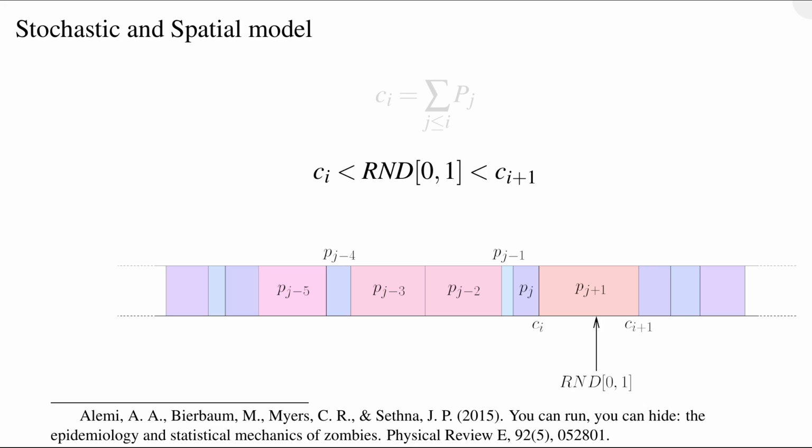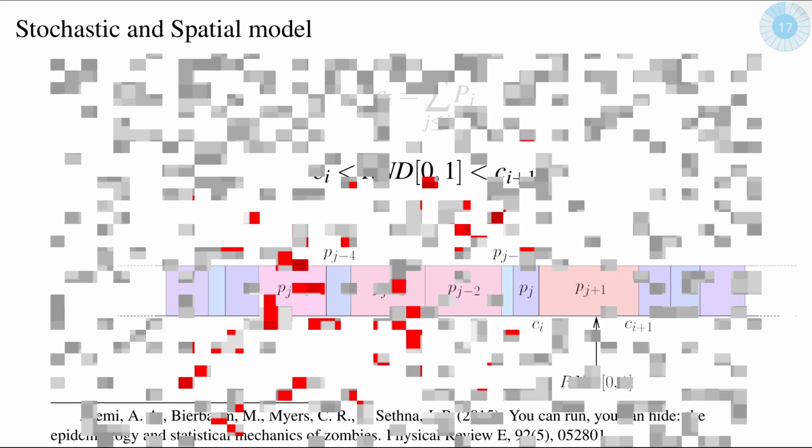Because each time you're adding up the probabilities, if you add a bigger probability, then you've got a greater chance of jumping over that random number. We're going to basically select a random event that obeys the correct probabilities, so we get the correct statistics in the system.